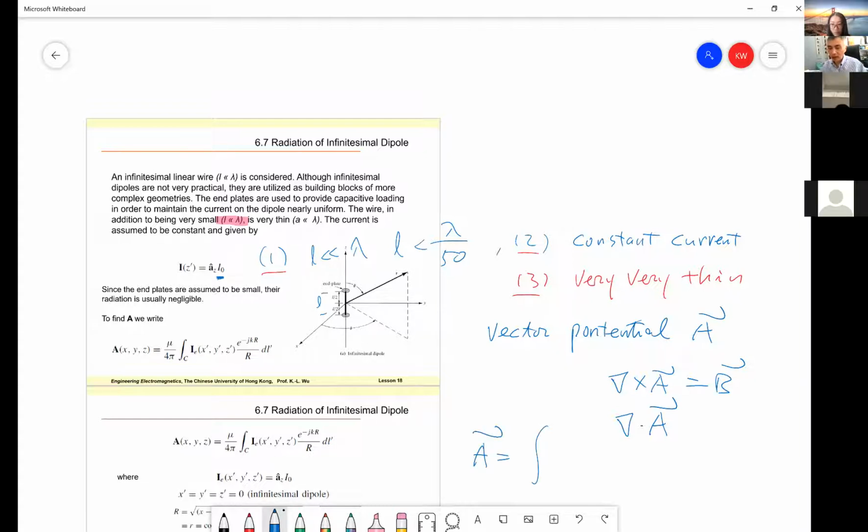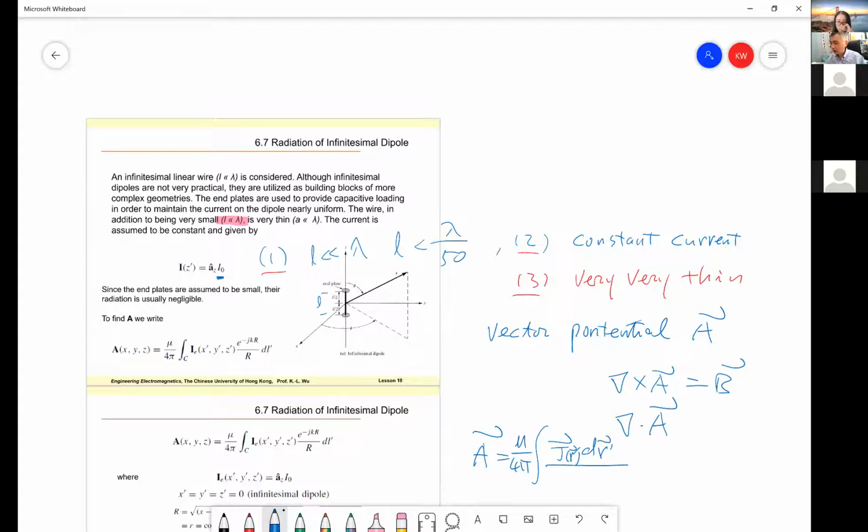We say the A potential is very similar to the static case: we have a current density, and let's consider a scalar case.